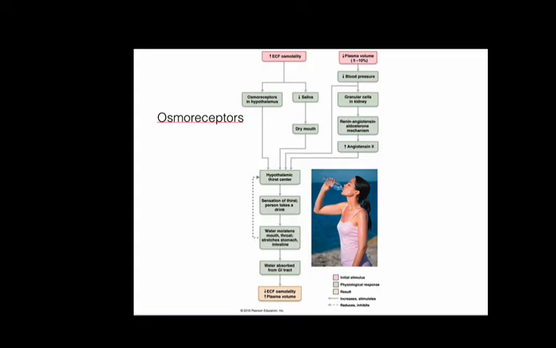But the body has to be able to regulate its blood pressure and at the same time regulate its solute concentration. So by far the most important of these electrolytes in terms of number, in terms of concentration, in terms of where it's found in the body, is primarily sodium.